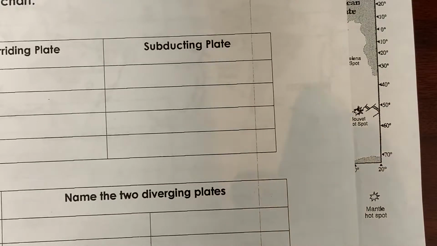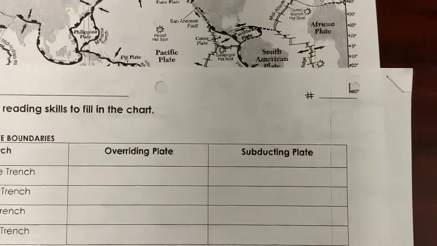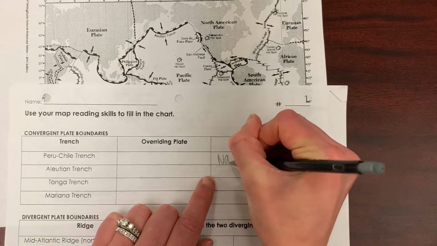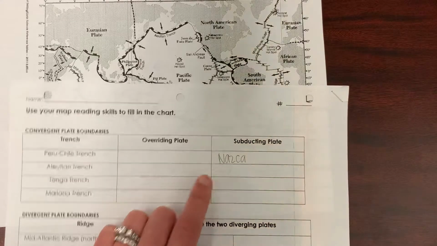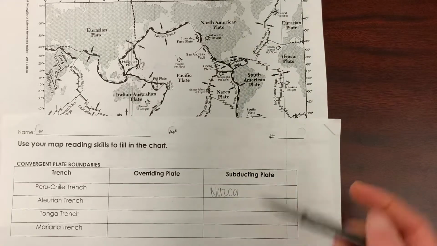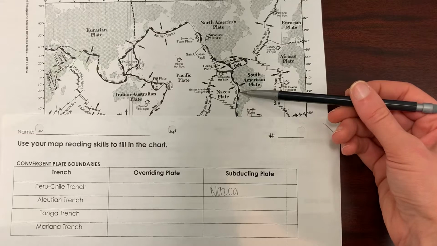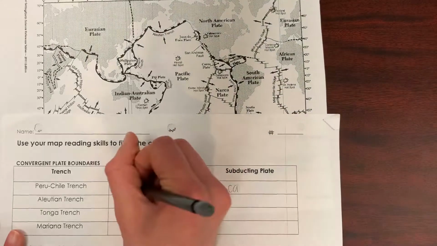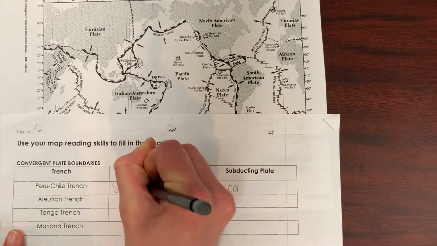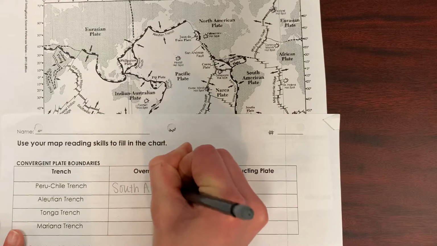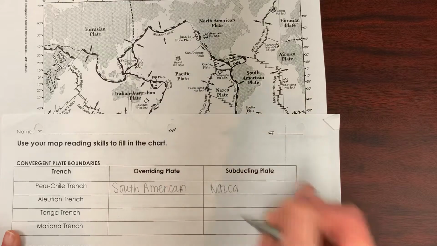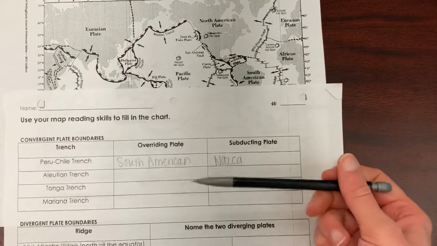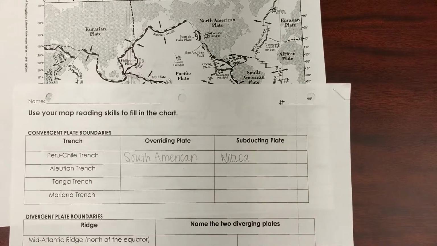So I come back here and I need to write Nazca as my subducting, and then my overriding plate has these teeth marks, so it's on this side, so the South American plate is the overriding. All right, and then you'll just continue in that manner for the rest of this chart.